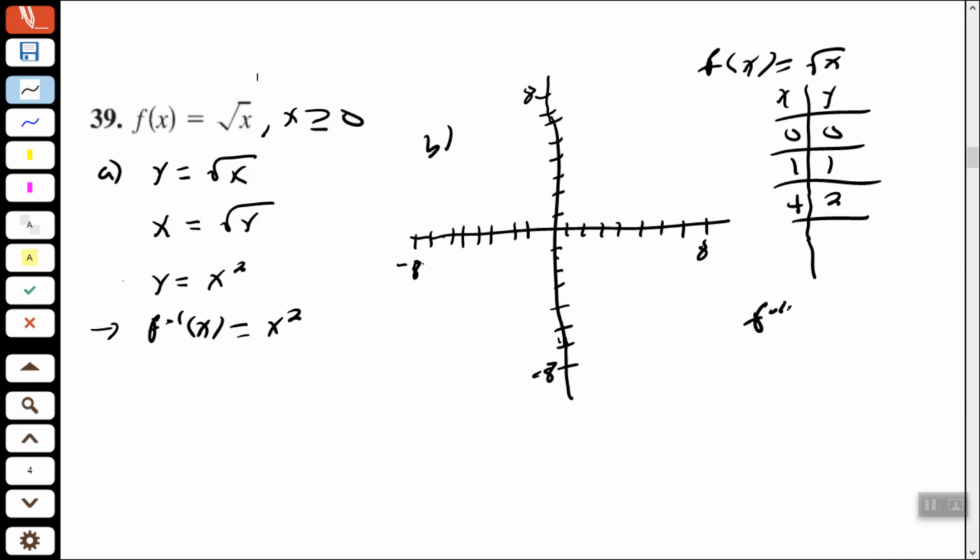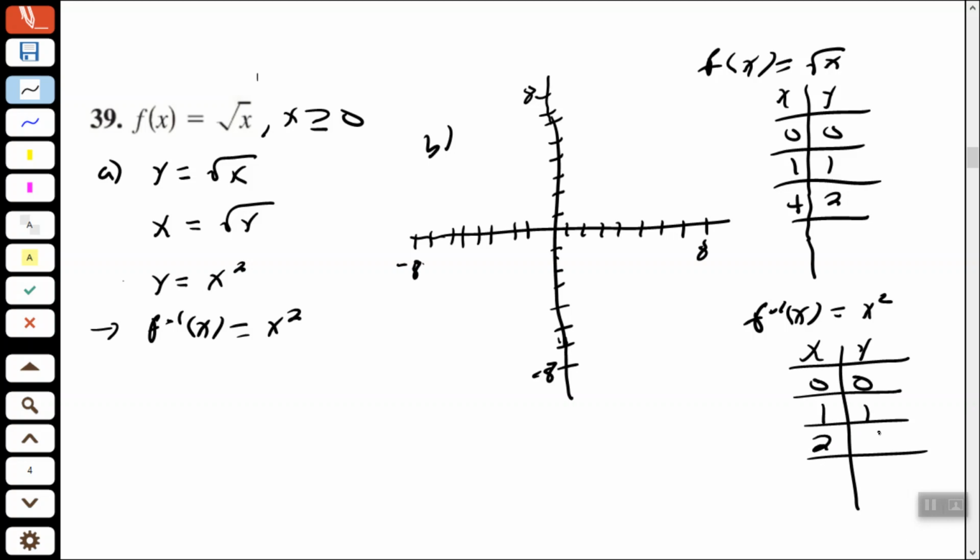So the inverse of that is 0, 0 still, and then 1, 1, 2, 4. And let's put one more over here. What about 9, 3? So 3, 9. Okay, so let's graph that first one here. 0, 0, 1, 1, 4, 2, and 9, 3.